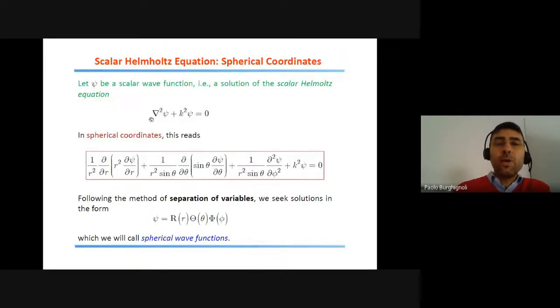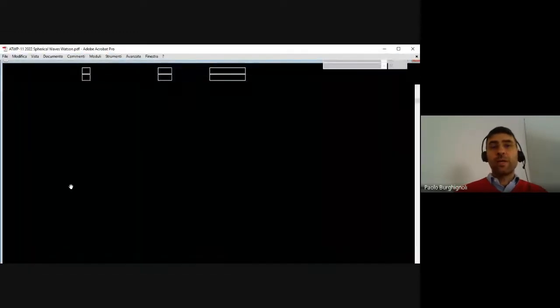Now, if we write this in spherical coordinates, the Laplacian will become, as you can see here in the box, the sum of three contributions containing derivatives with respect to the three spherical coordinates r, theta, and phi. And we will try to find solutions to this partial differential equation by the method of separation of variables.